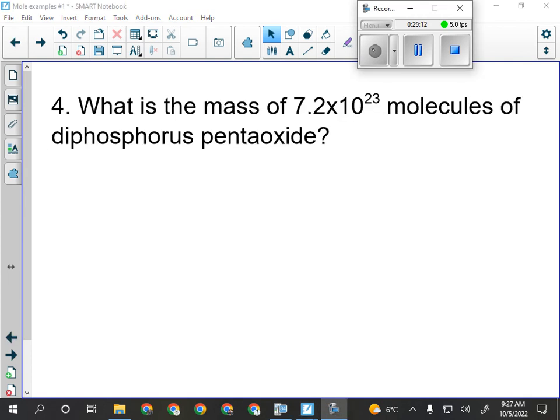Okay, let's have a look at the last one. In this one, we're looking for mass, so we're looking for little m.